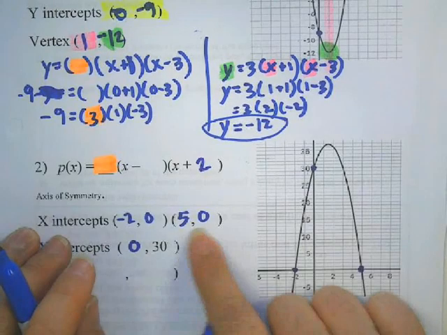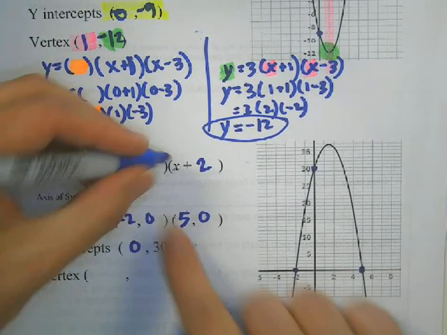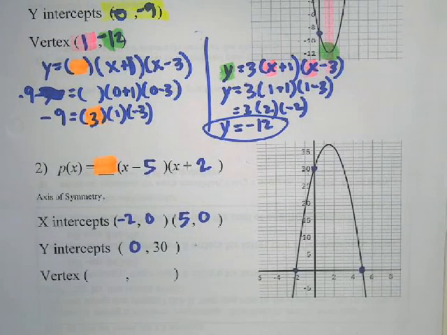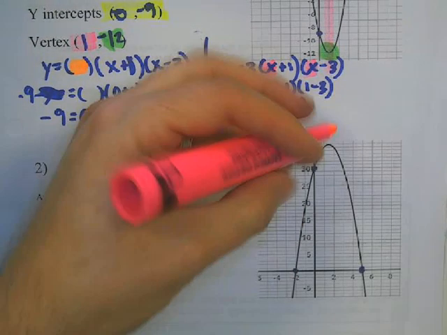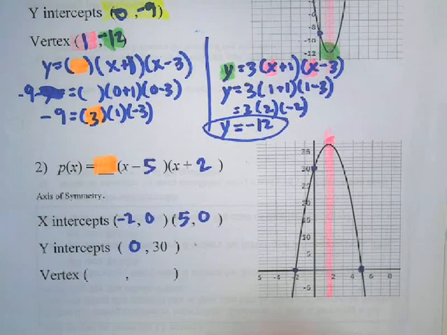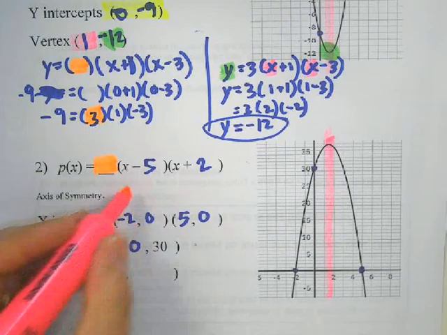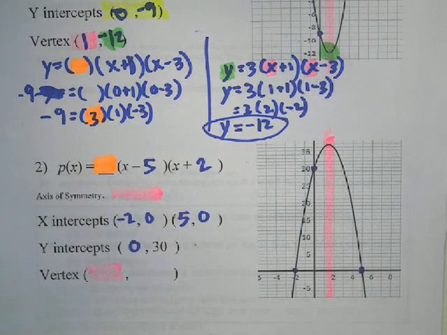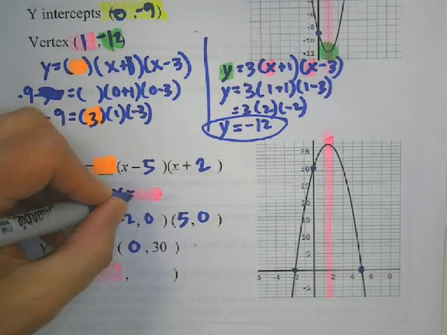If my x-intercept is 5, I'm going to have x minus 5. My axis of symmetry is halfway in between -2 and 5. Halfway in between is 1.5, so it's x equals positive 1.5.